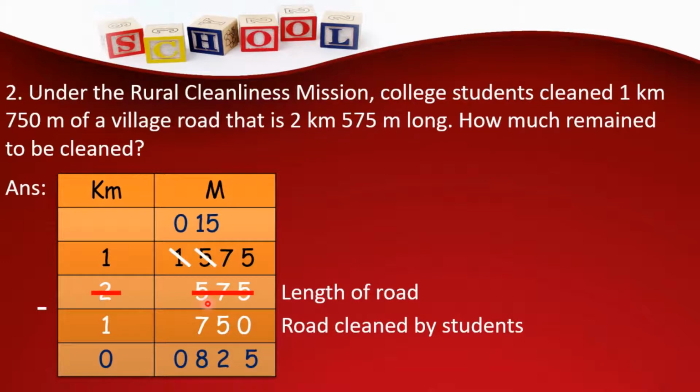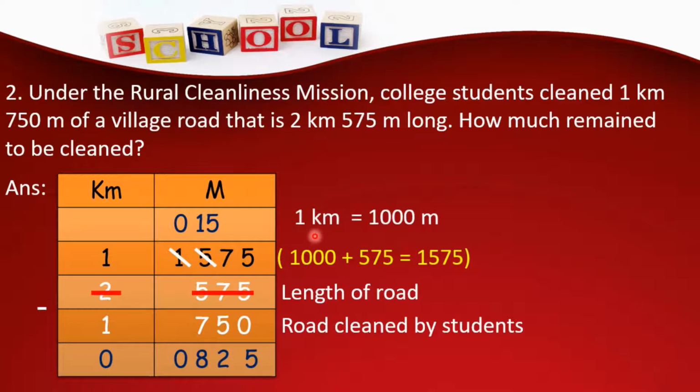So here in the meter column, we need to subtract 750 from 575. As 750 is a bigger number than 575, we borrow 1 kilometer from the kilometers column, and we know that 1 kilometer is equal to 1000 meter. So we write 1000 meters plus here we have 575 meters.